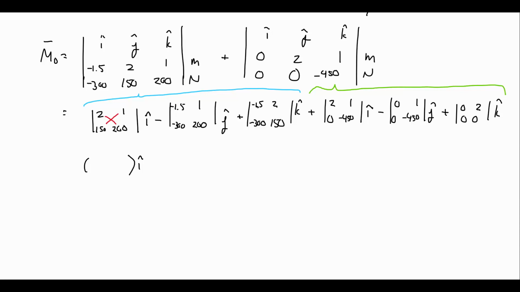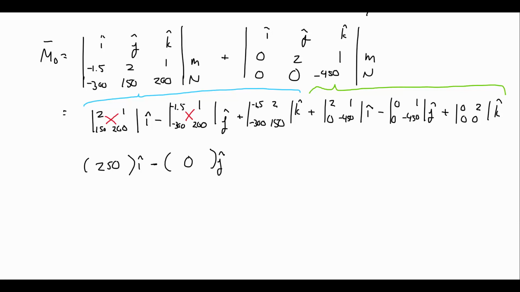We are left with a positive 250, and that will be times I. Now our J term, so this negative comes down, and now on the inside, we will have negative 1.5 times 200, that is going to be minus 300. And we're going to subtract 1 times negative 300, which is also negative 300. So we have negative 300 minus negative 300, which will actually leave us with 0.